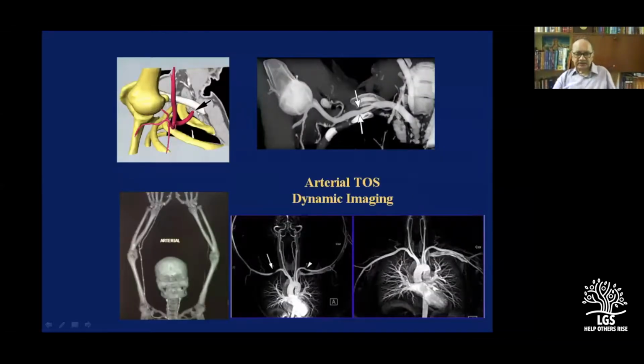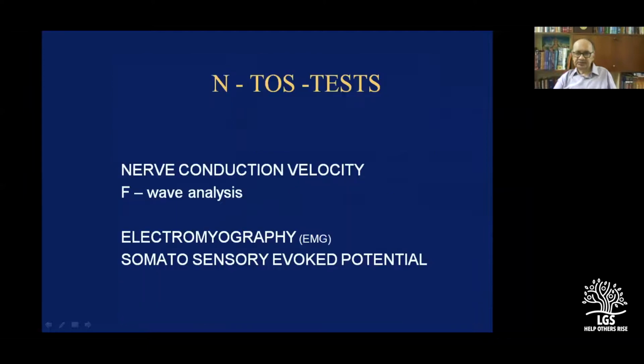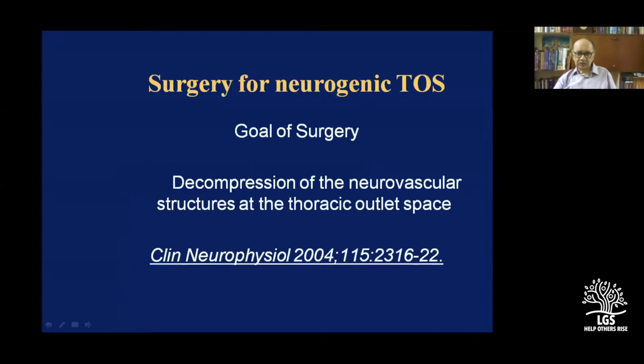Take X-rays with hyperabduction postures to find out the arterial compression. This is nicely seen in the arrows. For nerve conduction velocities, we have F-wave analysis, EMGs, and somatosensory evoked potentials. We are able to diagnose the level of block of conduction, which might give a clue.